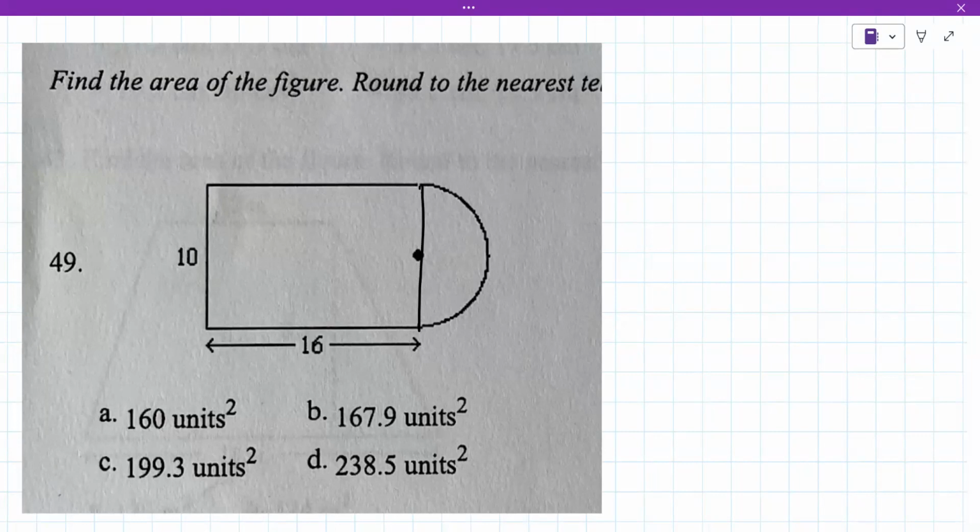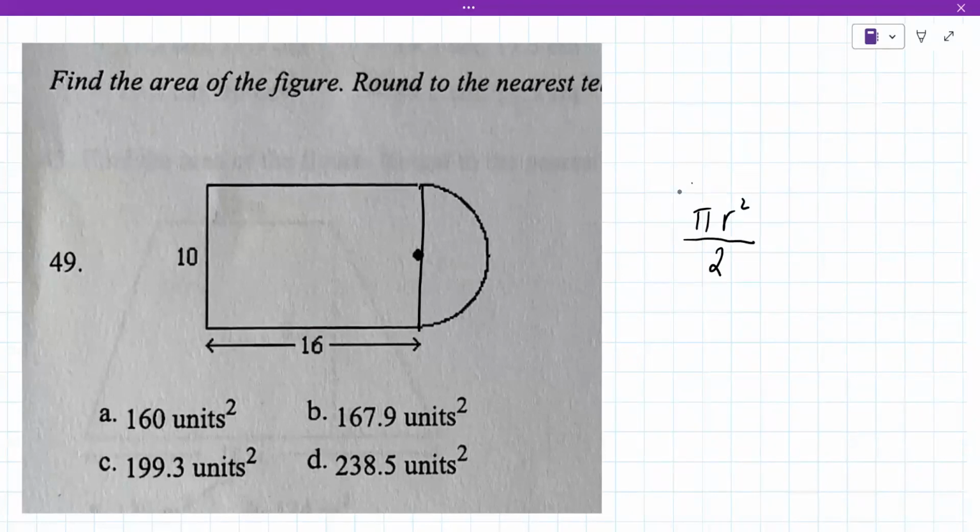Okay, D. Okay. How did you come up with D? Give me your formulas, please. First I did the half circle. What's the area of the half circle? Uh, 5 squared pi. Okay, so pi r squared, but you said something very important there. You said half. Where's the half?